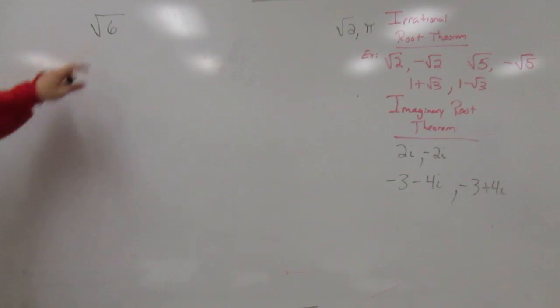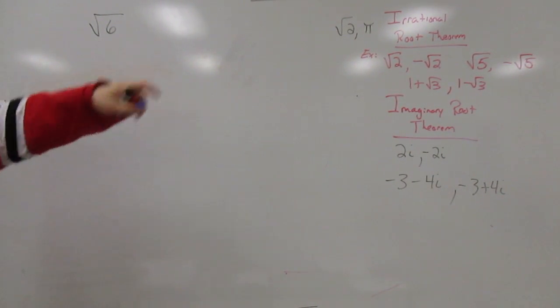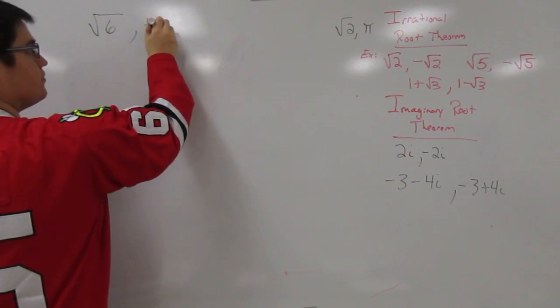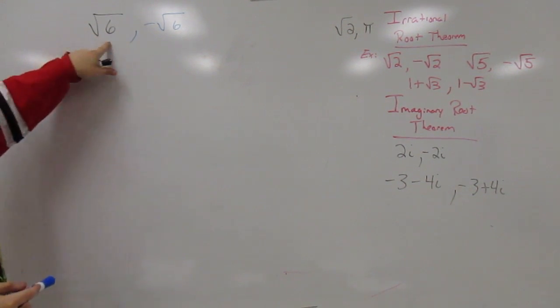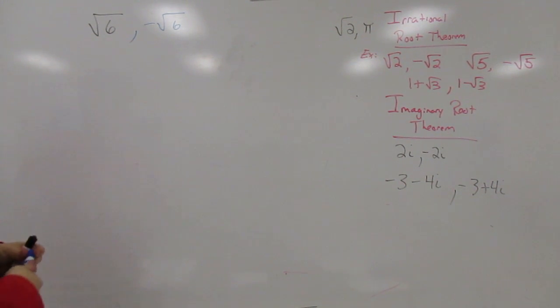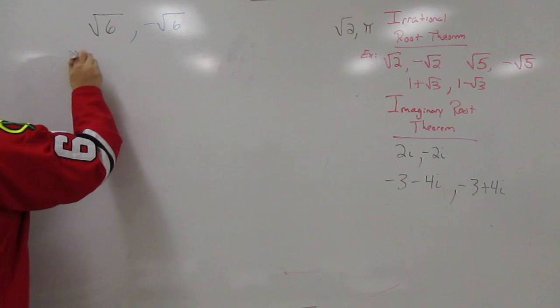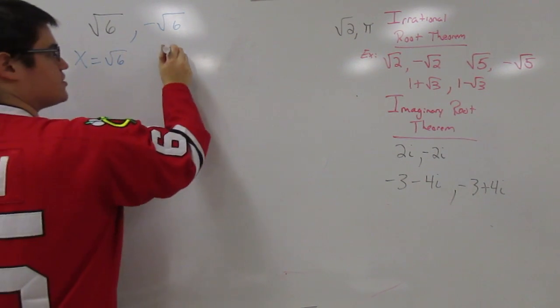Okay, if you know you have a root here by the irrational root theorem, you also have one at negative square root 6. So we should be looking for a second degree polynomial or a quadratic. So again, do what we did last time and start working backwards.